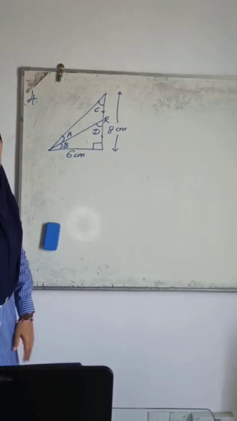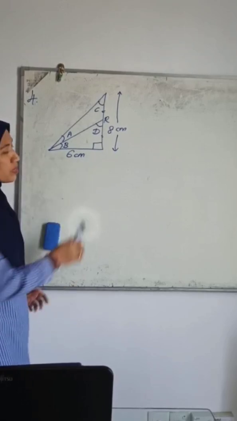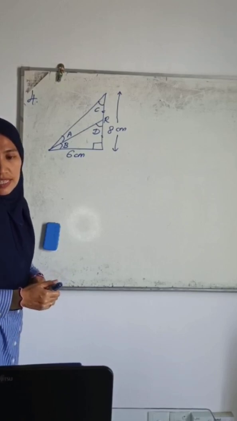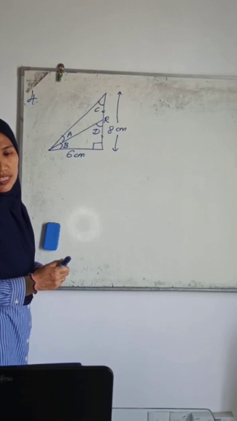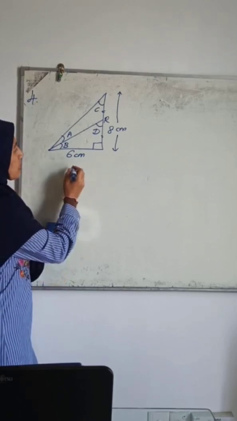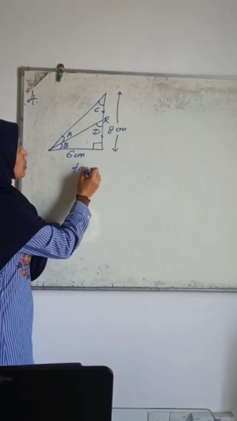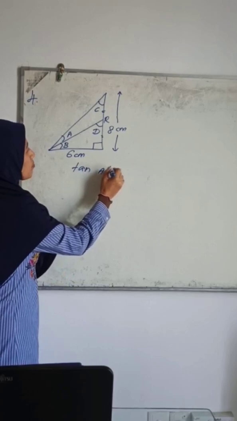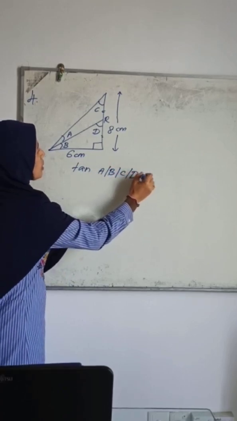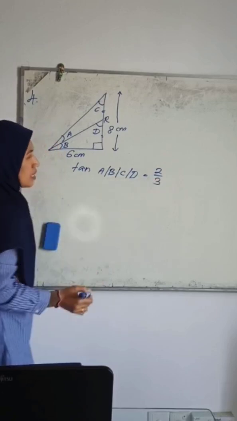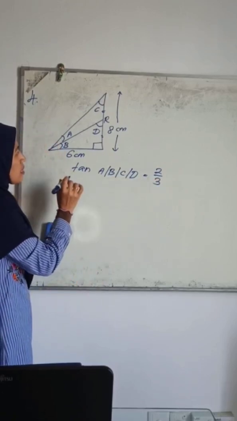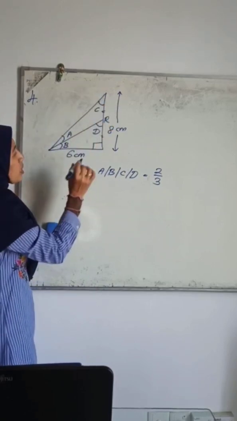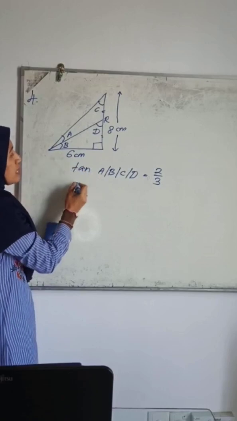Question number 4. Given this diagram, the question asks to find which angle, A or B or C or D, has tangent equal to 2 per 3. For tangent A, there is no right angle triangle. So we check tangent B first.